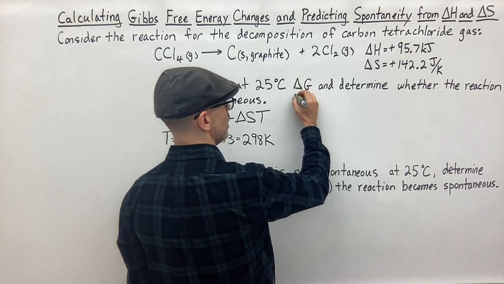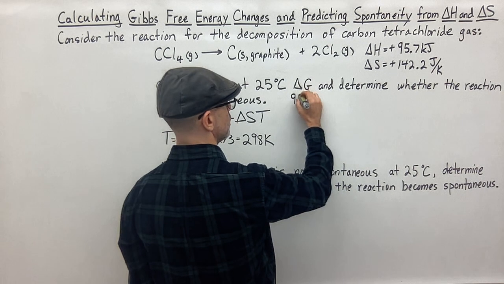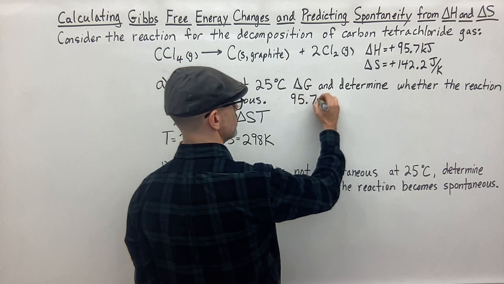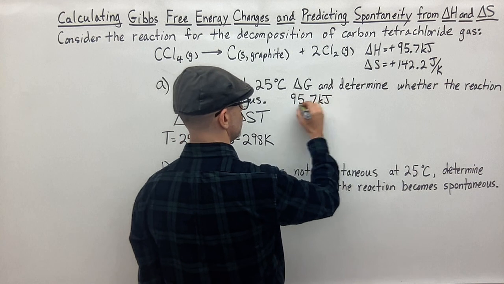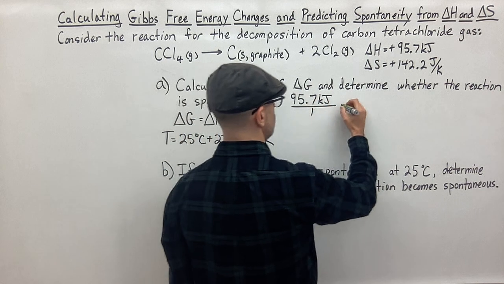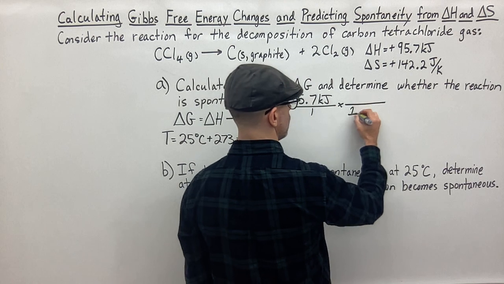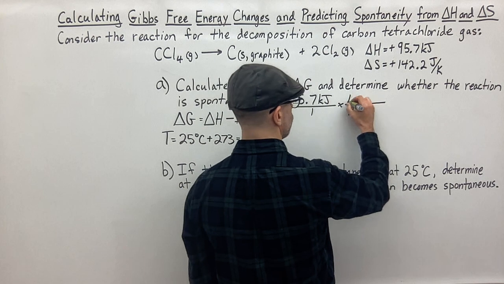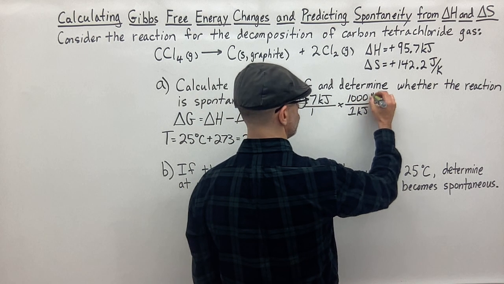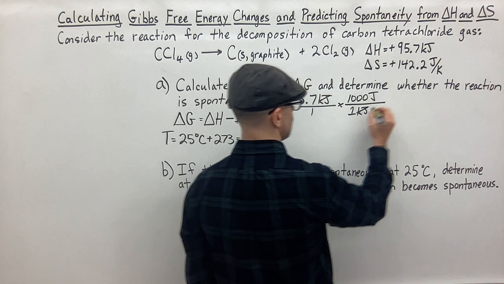So we have 95.7 kilojoules. We're going to put that over 1. We're going to multiply that by our conversion factor, 1 kilojoule over 1,000 joules. Kilojoules cancels out.